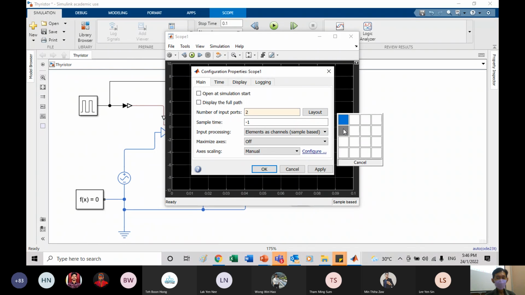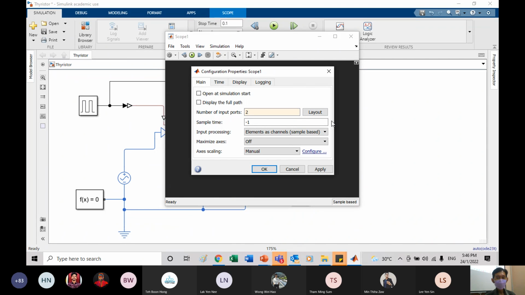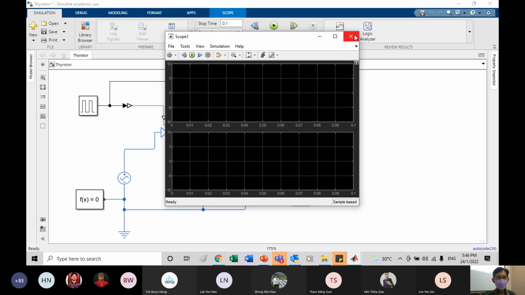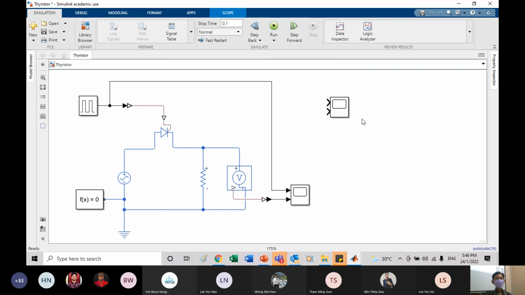Layout 1, 2. Okay, then apply. Then OK. Then you got 2. And then you close it, you got 2 inputs. All right. So this is how you make a scope with multiple inputs.